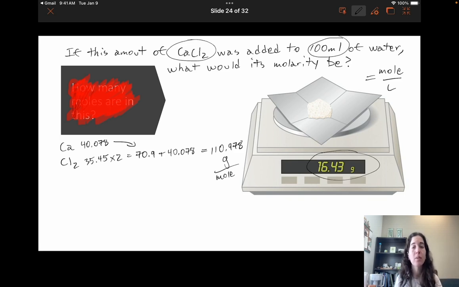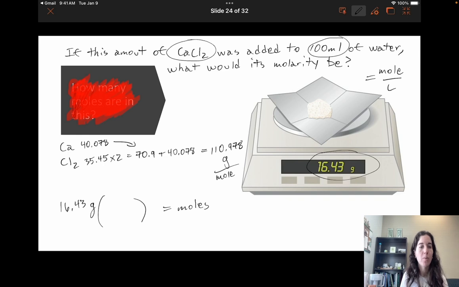So we have grams, so let's go ahead and get it to moles. 16.43 grams. We want to get to moles. We're going to orient grams on the bottom, moles on the top, because we want our grams to cancel out. They need to go away.